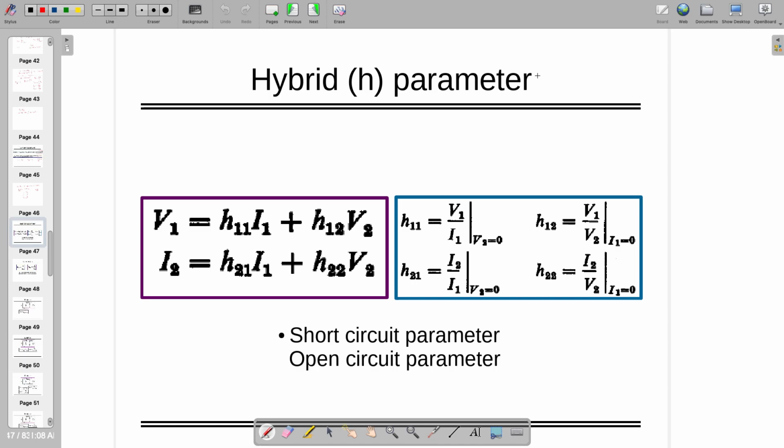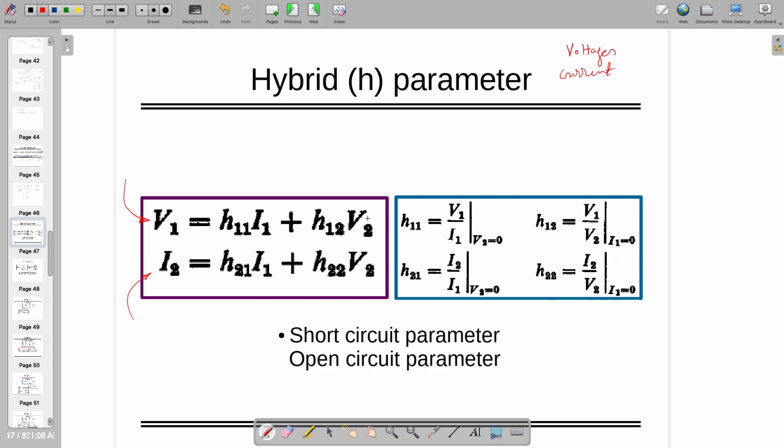Unlike the earlier cases where we had only voltages as dependent or only currents as dependent, here it's a hybrid. Sometimes voltage is dependent, sometimes current is dependent. So in the first equation, voltage is the dependent quantity. In the second equation, current is the dependent quantity. And I1 and V2 are the independent ones in the hybrid parameter.